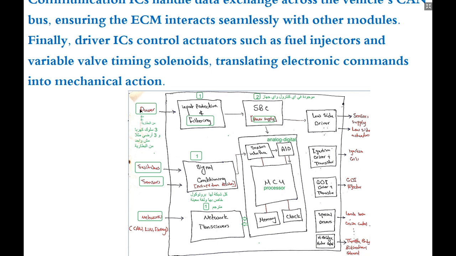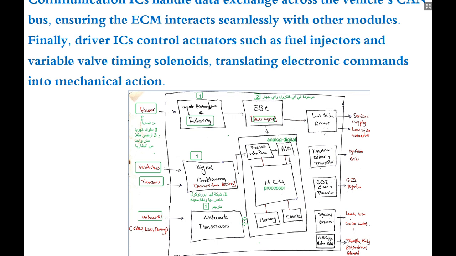So as you can see right now, we have inputs, we have the processor inside the control, and we have outputs. The first input is the power that comes from the battery or from the relay.